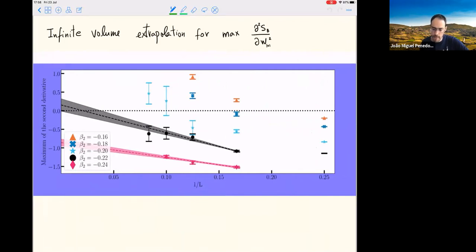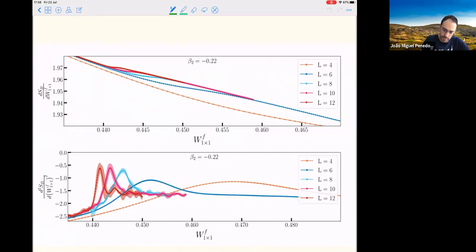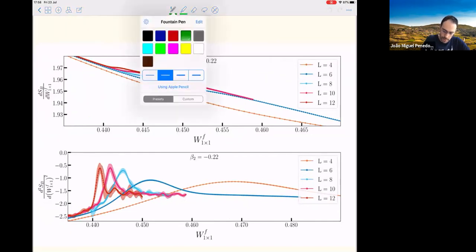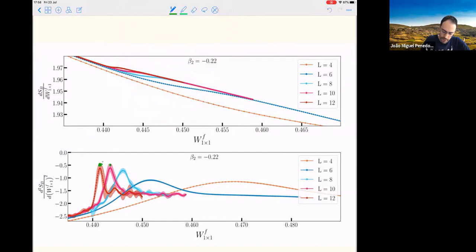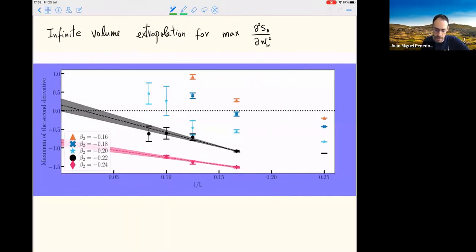If you look at the value of the maximum of these second derivatives as a function of L, and for different fixed values of beta 2, you see that if beta 2 is 0, this maximum becomes positive and you have a first order phase transition. But if beta 2 is sufficiently negative, we never observe the maximum of the second derivative becoming positive, which is compatible with a continuous phase transition.